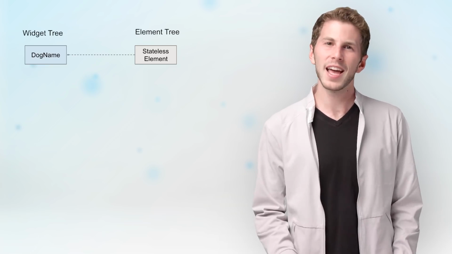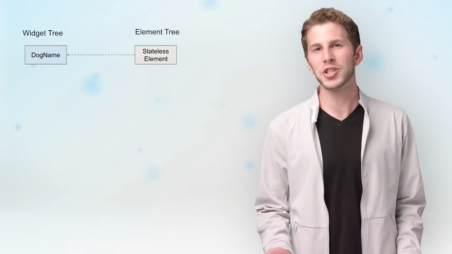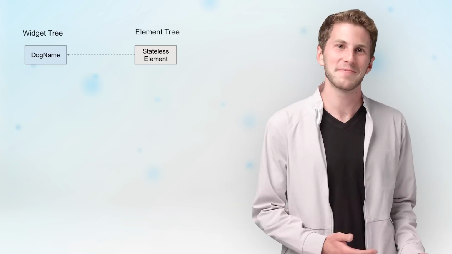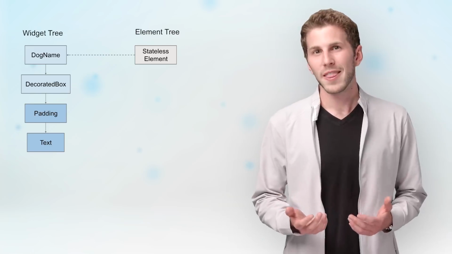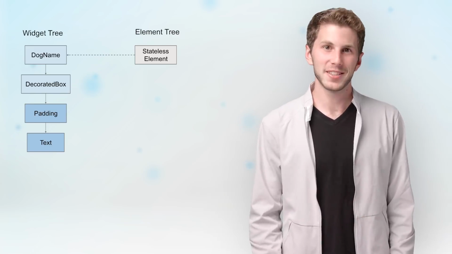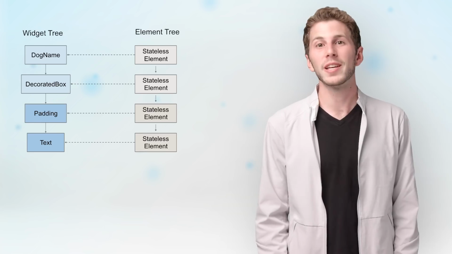Stateless element then says, hey, I wonder if I should have any children, and calls the widget's build method. In the case of my app, it gets quite a few. These widgets then create their own elements, and they're mounted on the element tree as well. So my app now has two trees, one that represents what's actually on the screen, the elements, and one that holds the blueprints they were made from, the widgets.